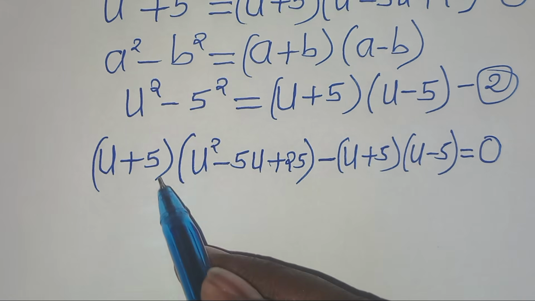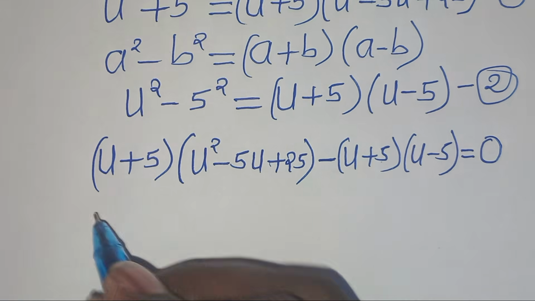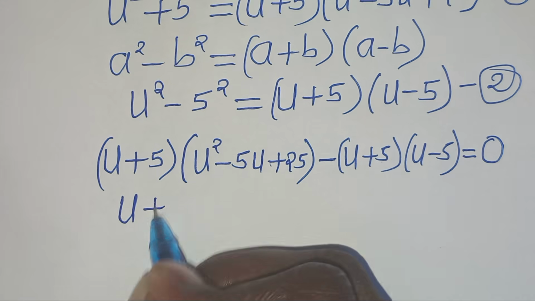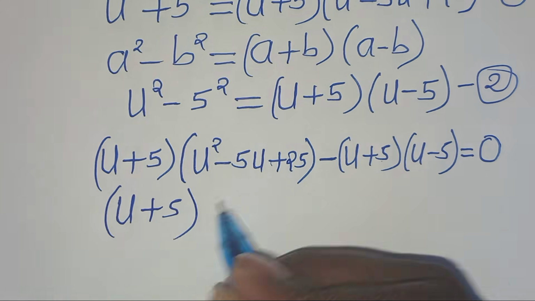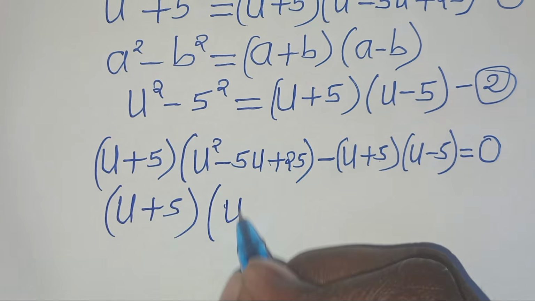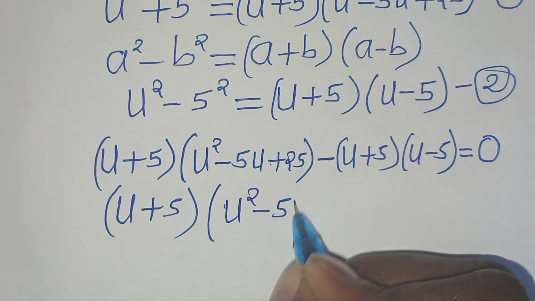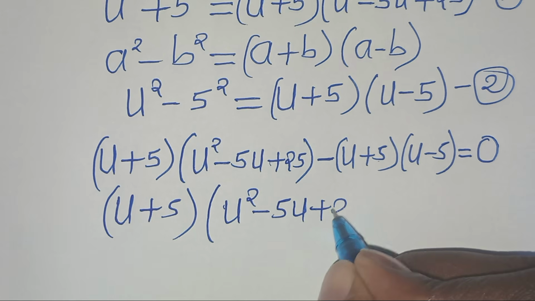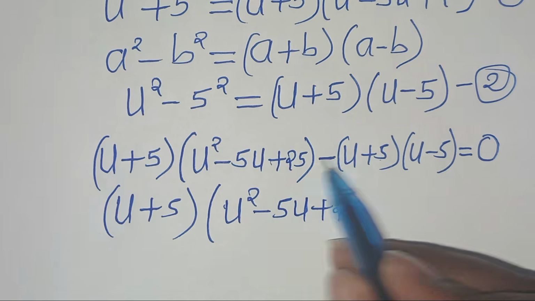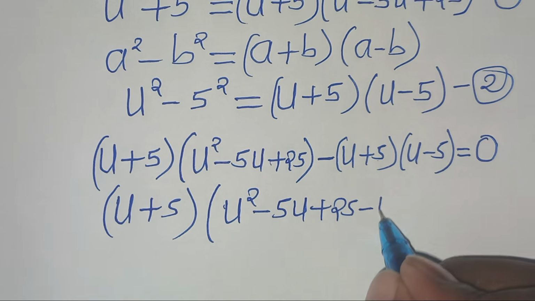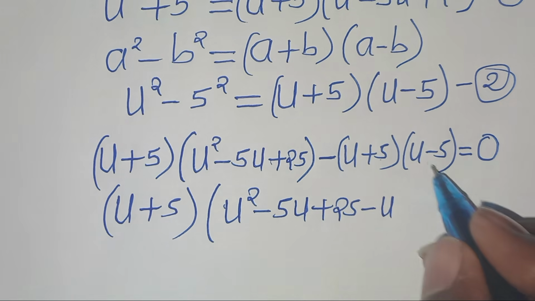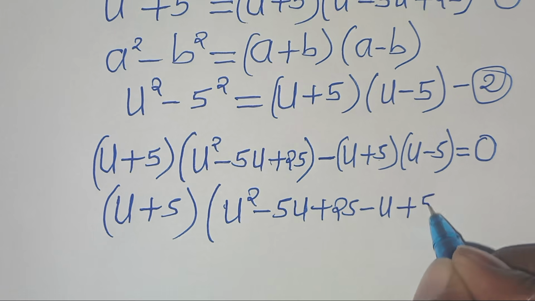We have that u plus 5 is common here, so let's factor out u plus 5. Here we have u squared subtract 5u plus 25. Now we have negative times u, this is negative u. Negative times negative 5 is plus 5.